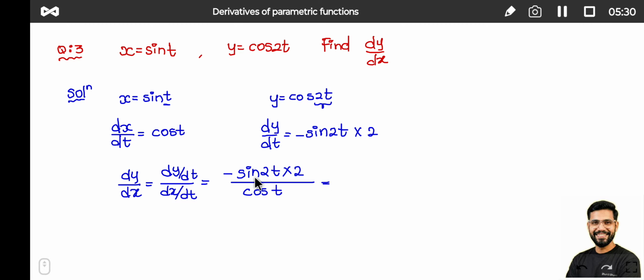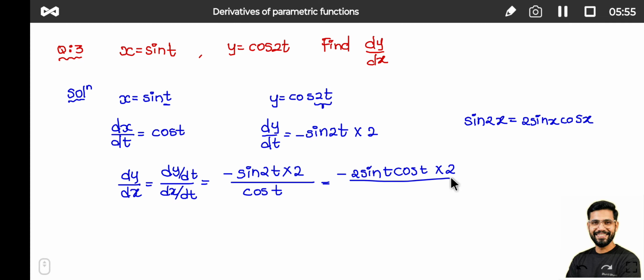If you want to solve further, the minus sign stays as it is, and sin 2t, using the formula sin 2x equals 2 sin x into cos x, means 2 sin t into cos t, and the extra 2 stays as it is, upon cos t. So this cos t will get cancelled, and if we multiply 2 into 2, it will be minus 4 sin t. So that's our final answer.